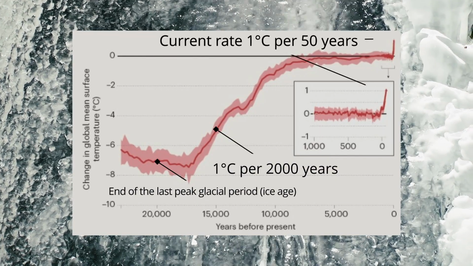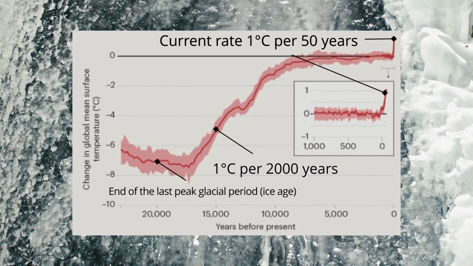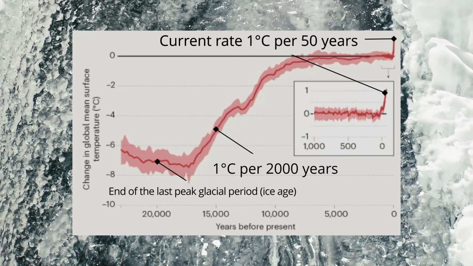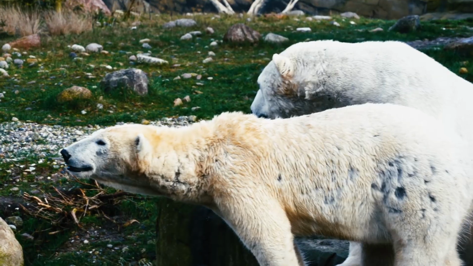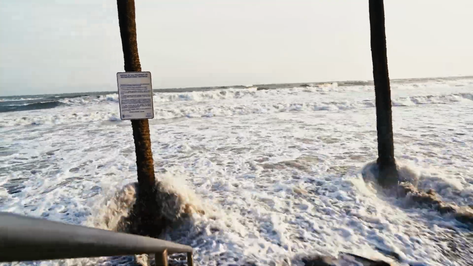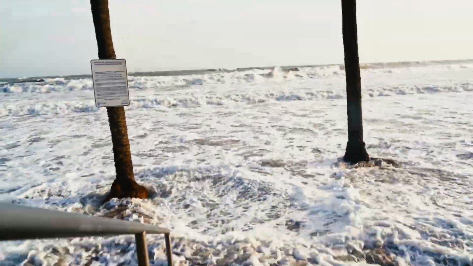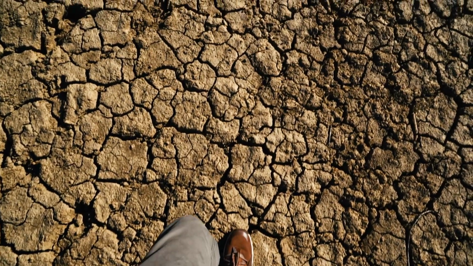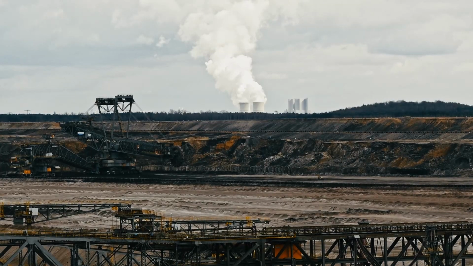So current warming is more than 30 times faster than the average warming rate since the last ice age or peak glacial period. A rapid warming rate is hard to adapt to, and the more warming we have, generally, the worse the effects become. So the science academies and experts recommend we reduce our emissions as soon as possible.